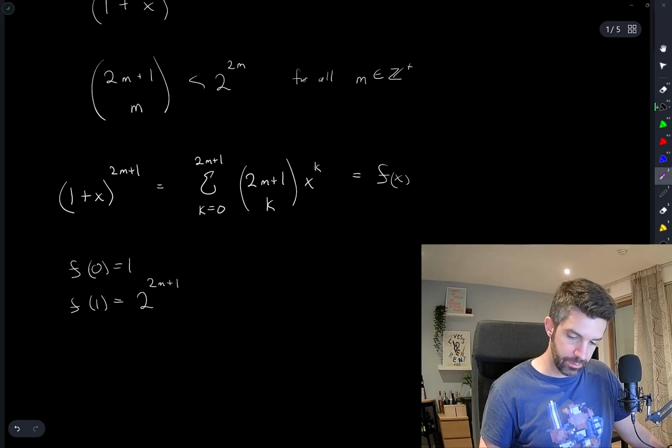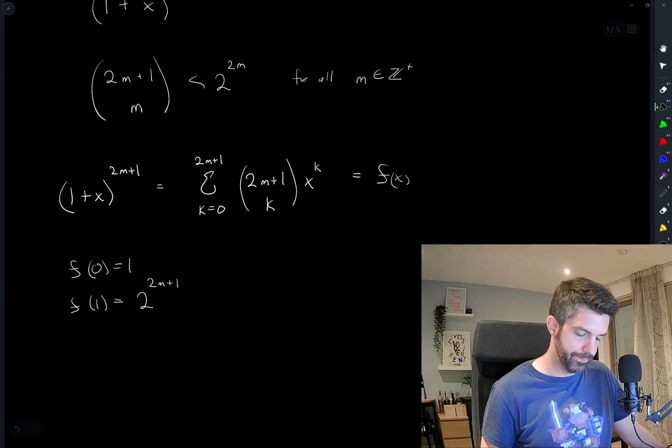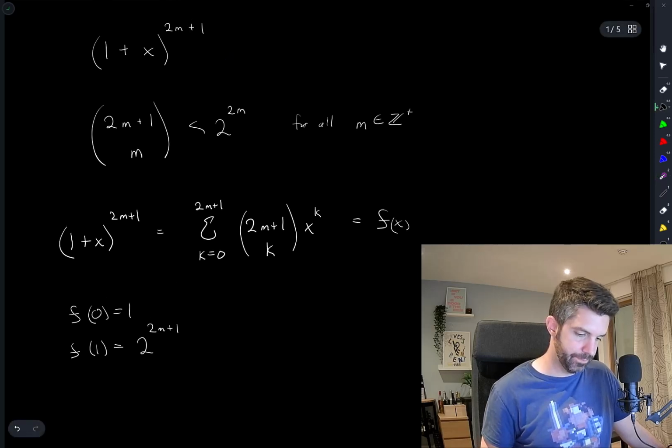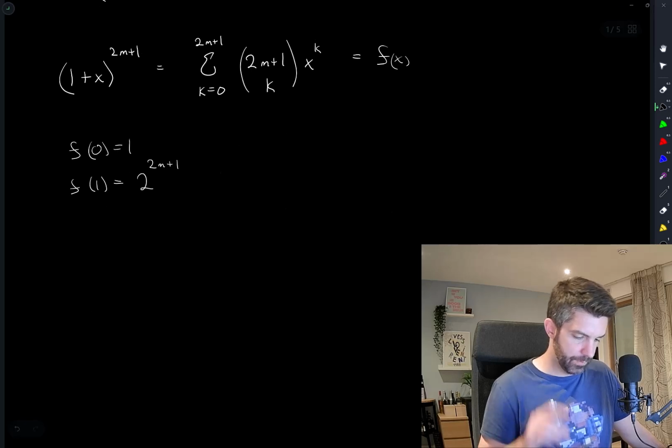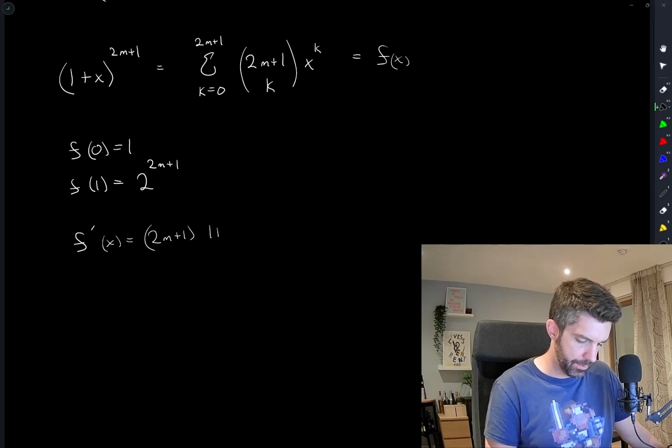So this is not exactly the thing we're looking to compute or compare, but okay. How about f'? f'(x) is equal to (2m+1) times (1+x)^(2m).